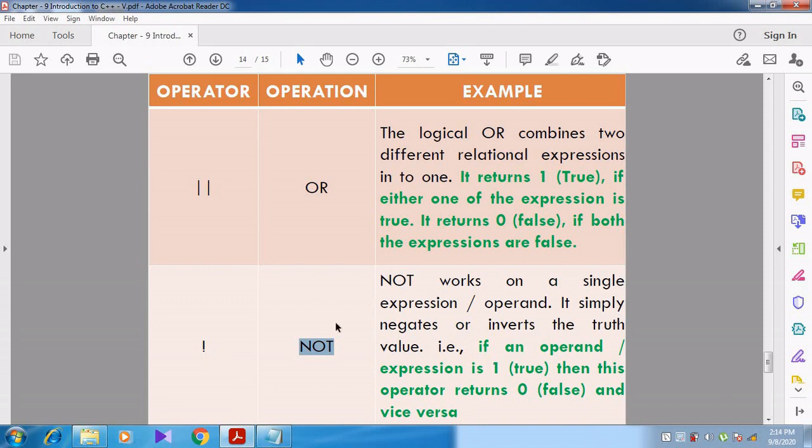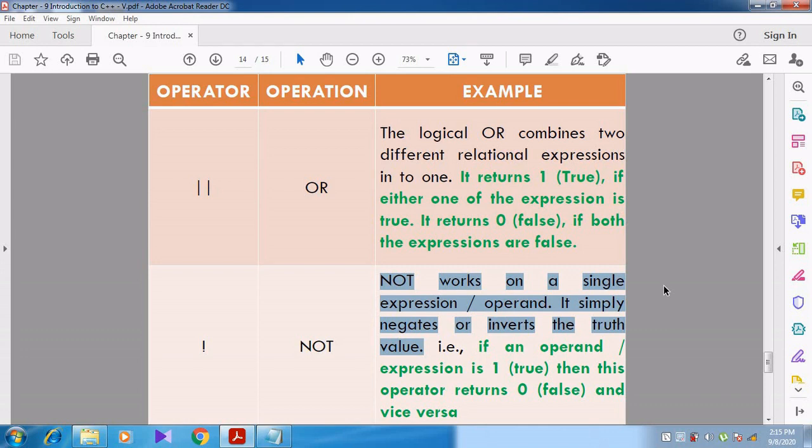See here, NOT works on a single expression, that is a single operand. It simply negates or inverts the truth value. Whatever input is given, it is inverted. If the input is true, the output is false.